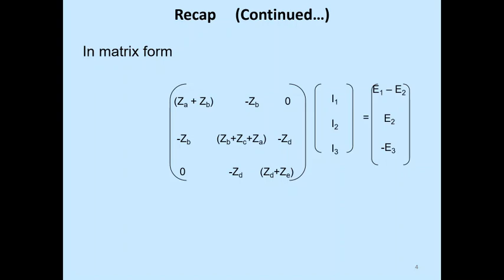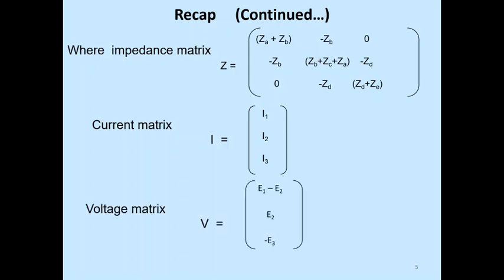Minus ZB, ZB plus ZC plus ZD, minus ZD are the coefficients of the second mesh equation, and 0, minus ZD, ZD plus ZE are the coefficients of the third mesh equation. I1, I2, I3 is the current matrix. E1, E2 and E3 are the voltage matrix. So Z into I is equal to V. This is the impedance matrix, this is the current matrix, and this is the voltage matrix.